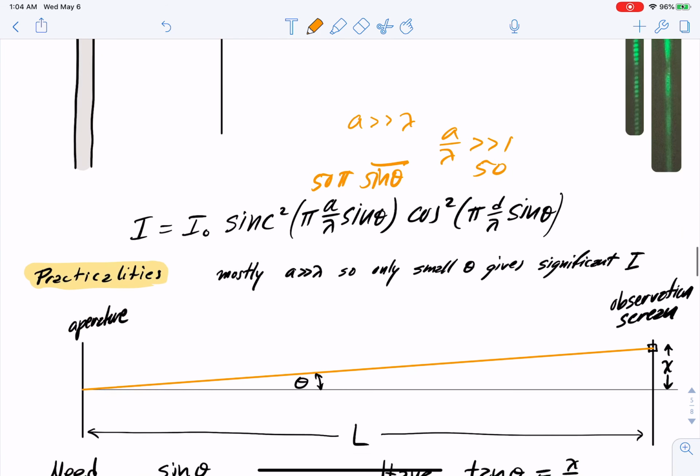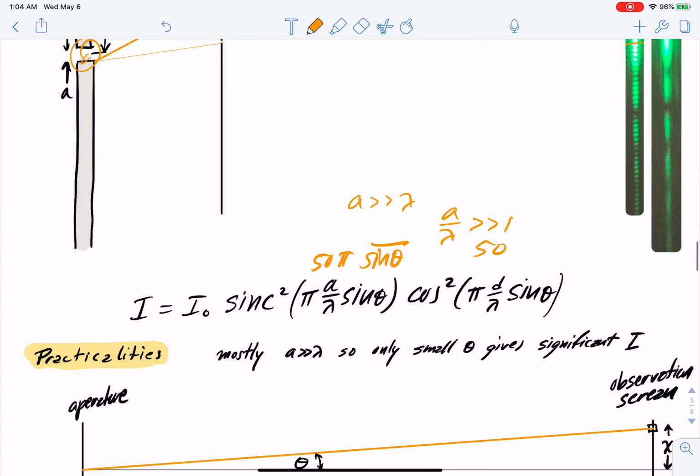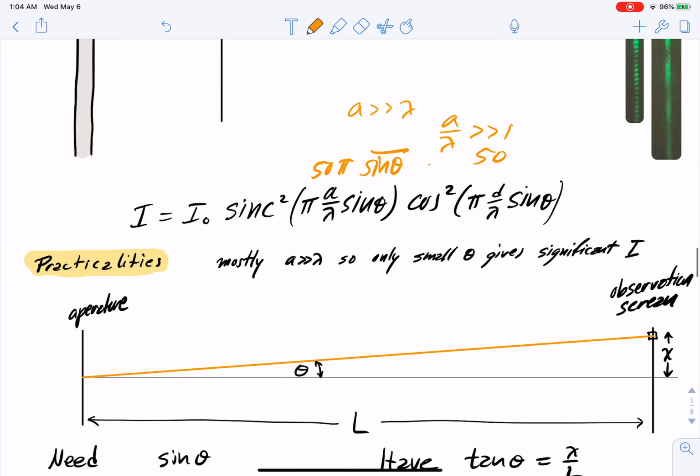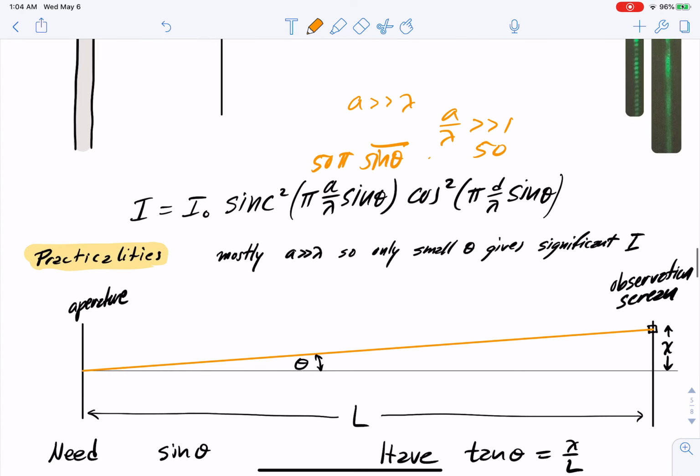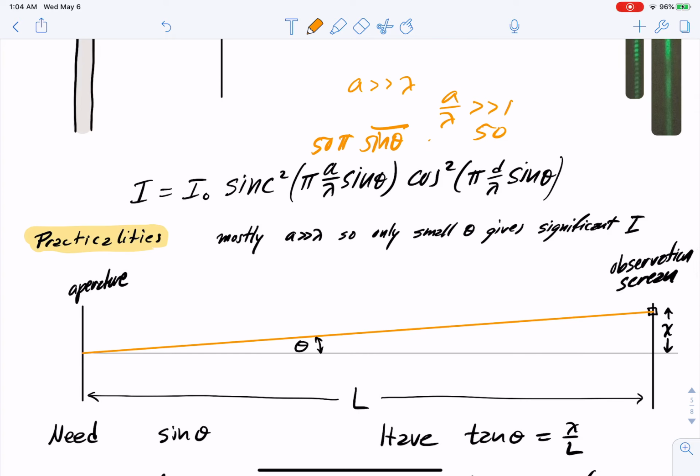Okay, so in that case, it's only really small angles, sine theta less than a tenth, that are going to be not zero. And in that case, we can use the small angle approximation. So I've drawn the geometry a little stretched out. You have the aperture over here, and the observation screen.